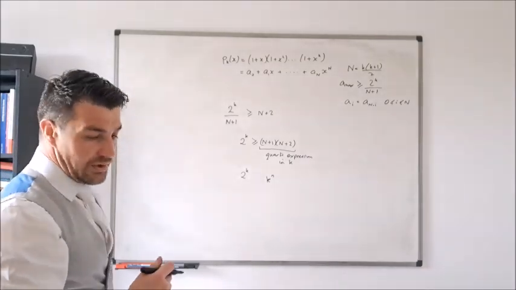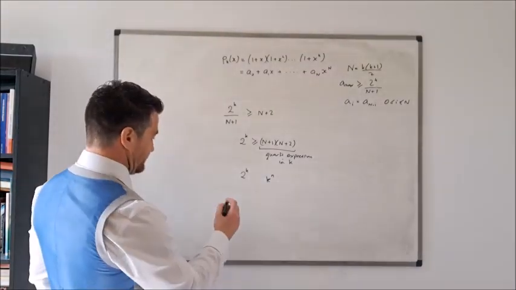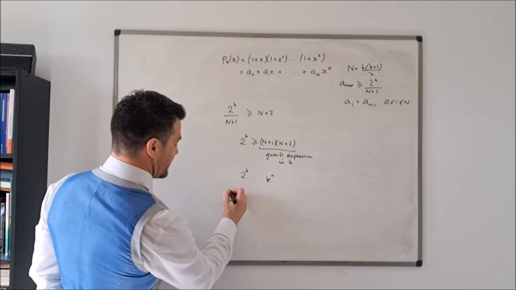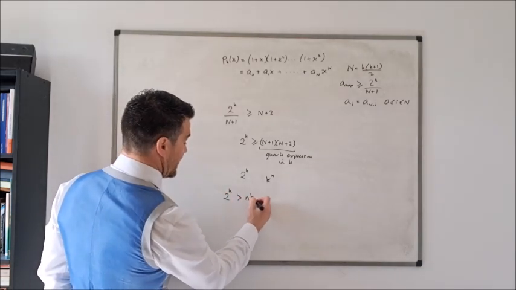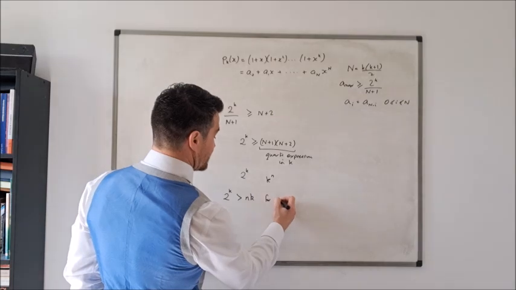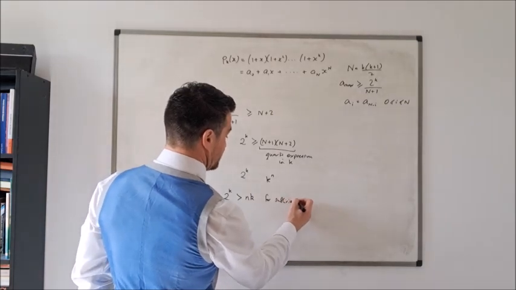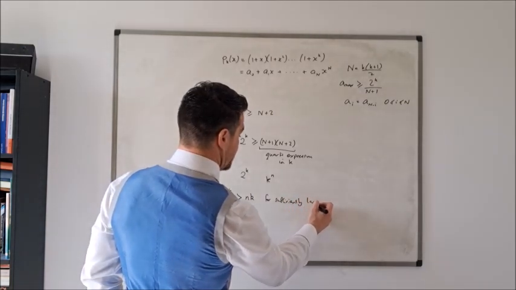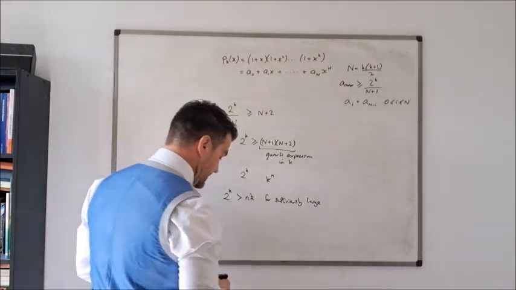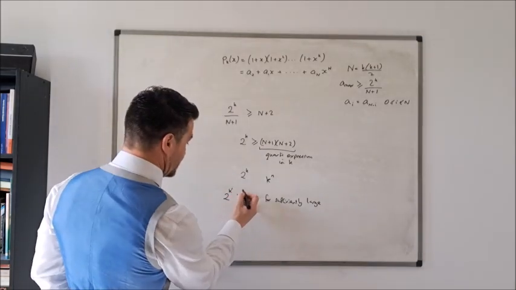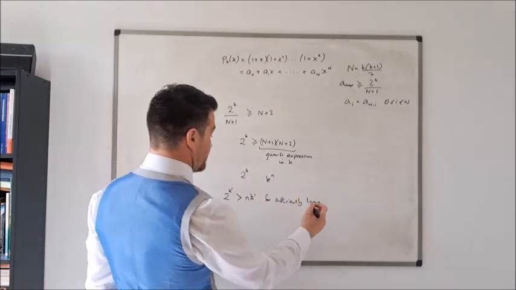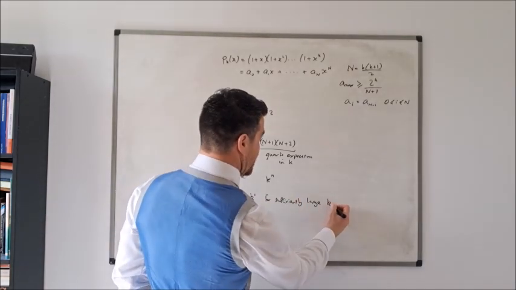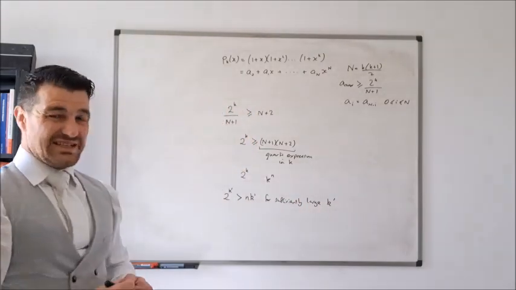My idea was the following. 2 to the power of k is going to be greater than n times k for sufficiently large k. In fact, I'll use k primed: 2 to the power of k primed is going to be greater than n times k primed for sufficiently large k primed.